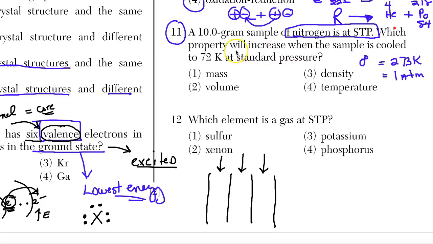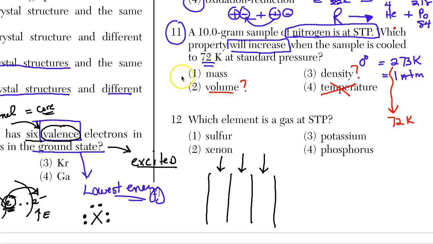Which property will increase when the sample is cooled to 72 Kelvin? So we're going from 273 to 72 Kelvin. We're getting cooler. Temperature is decreasing. How do we answer volume? How do we answer density?